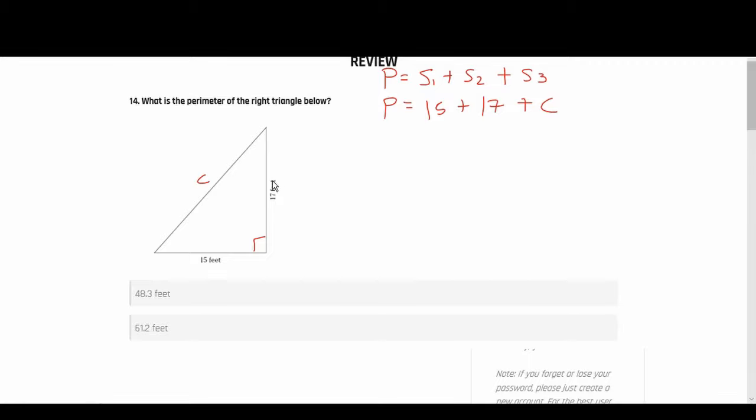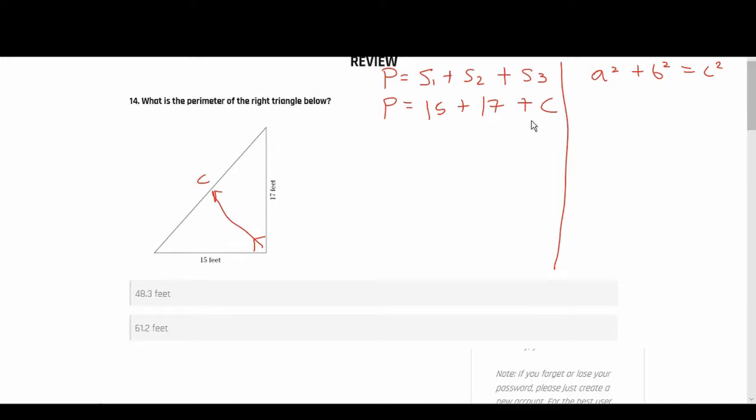Okay? So in order to get this unknown side, you have to use the Pythagorean Theorem, which, as I mentioned earlier in this video, is a squared plus b squared equals c squared, where c is the hypotenuse and a and b are the legs of the triangle. Of course, the hypotenuse is always across from the right angle, and the legs are interchangeable.